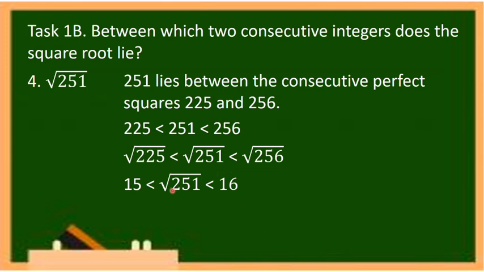The square root of 251 is greater than the square root of 225, which is equal to 15, because 15 times 15 is 225, but less than the square root of 256, which is equal to 16, because 16 times 16 is 256. So therefore, we have the square root of 251 is greater than 15 but less than 16. So therefore, the square root of 251 lies between the two consecutive integers, which are 15 and 16.